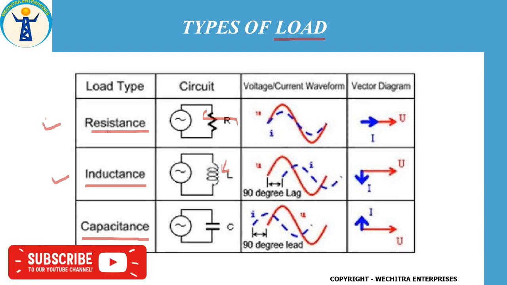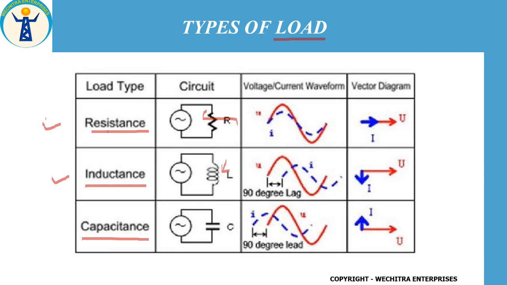There is a phase gap, a lag, between voltage and current. The red one is voltage and the blue line is current. Here you have a 90-degree lag: current is lagging behind the voltage. This is the vector diagram, where current lags voltage by 90 degrees.